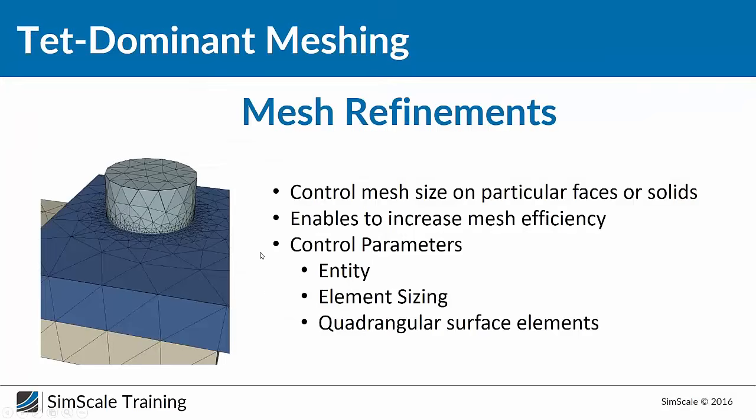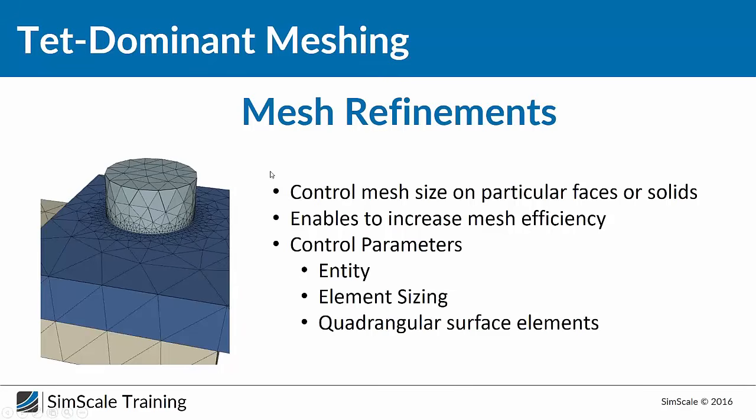And the image here gives a very good example how you can use refinements. For example, here this is a simulation where we have a bolted connection between two plates, and we used mesh refinements for the bolt in between them to ensure that we have here, where we have the contact and also where we have a lot of changes, the right mesh size.